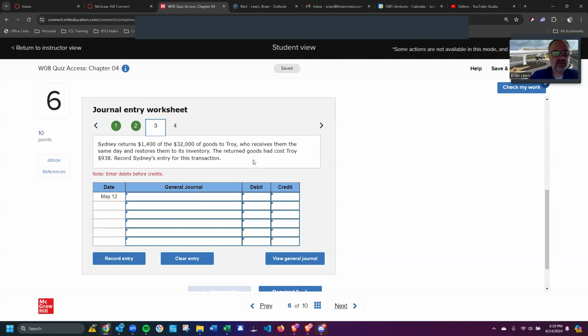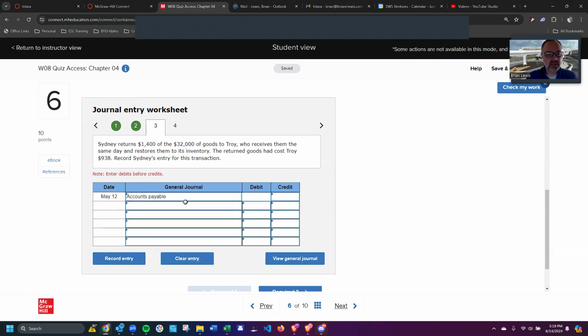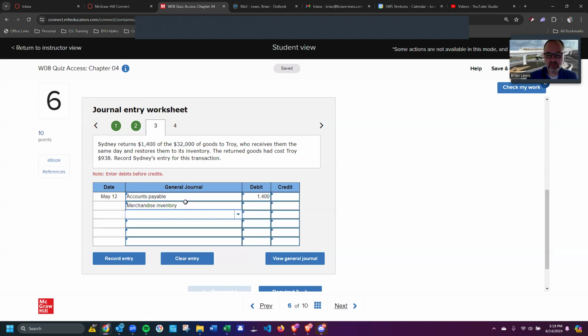We can ignore the cost side of Troy's. So on this one, we're going to do just the opposite of the other one, because we're going to reduce accounts payable by 1,400, and we're going to reduce merchandise inventory by 1,400 as well.